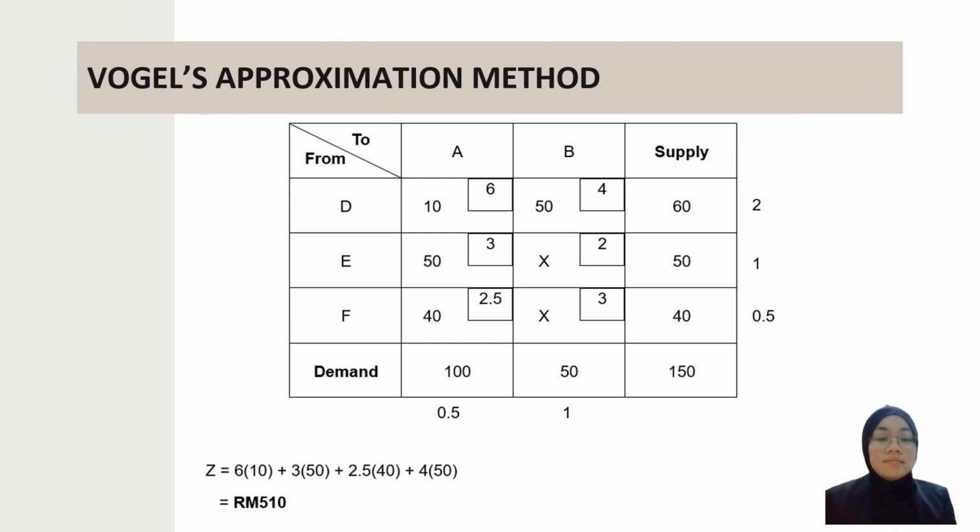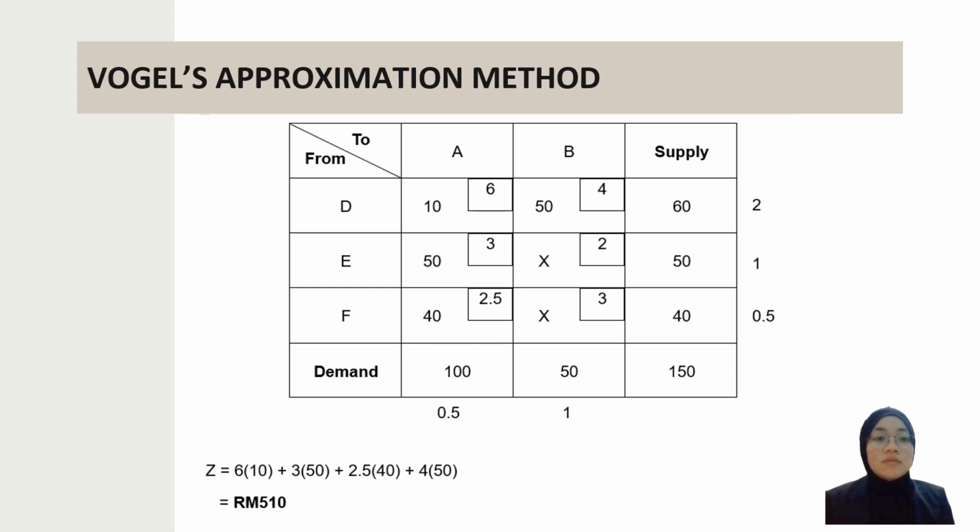For the second step, we need to select the row or column with the highest penalty cost. The highest penalty cost for row is 2, while for the column it is 1. Next, we allocate as much as possible to the feasible cell with the lowest transportation cost in the row or column with the highest penalty cost.